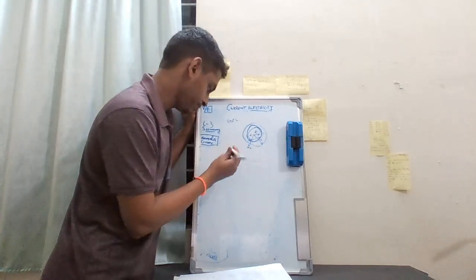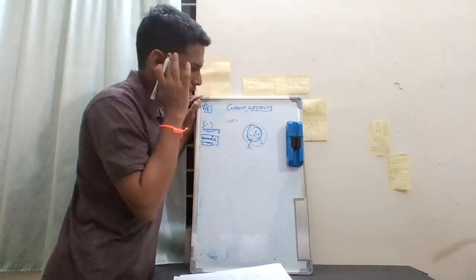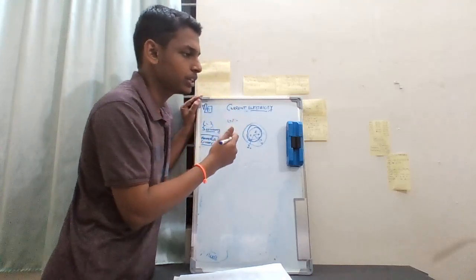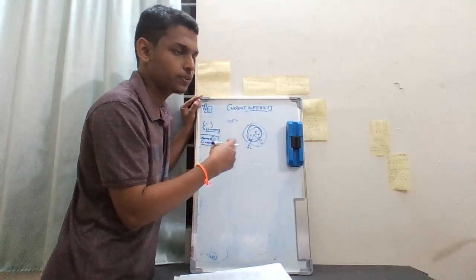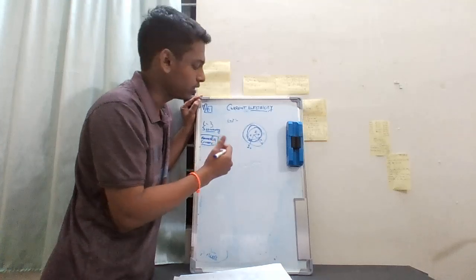Now the surface area of a sphere is 4 pi r square.